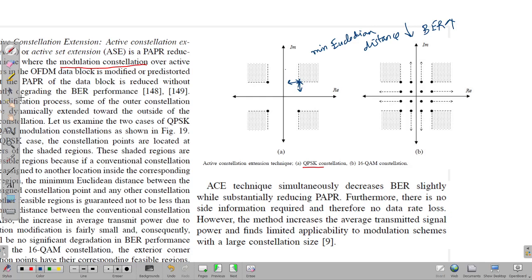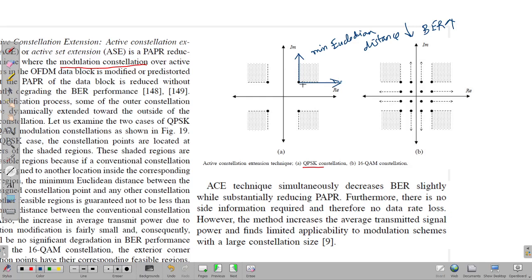So my option is to move in the other directions. Which are the other directions? I can move along this direction, that will not affect the minimum Euclidean distance. In fact, the Euclidean distance, the separation, increases if I move in that direction. Or I can move along this direction.